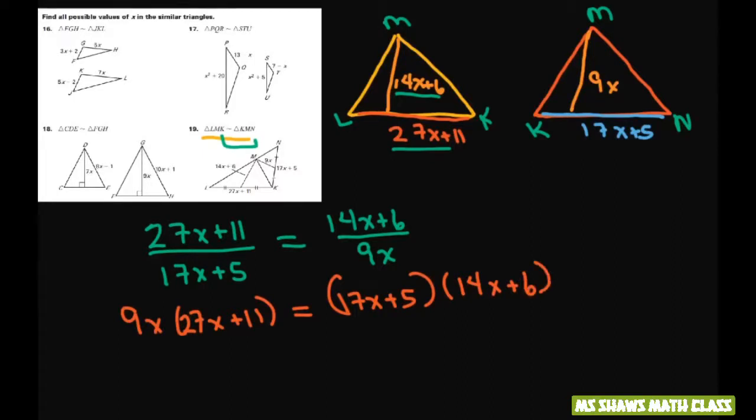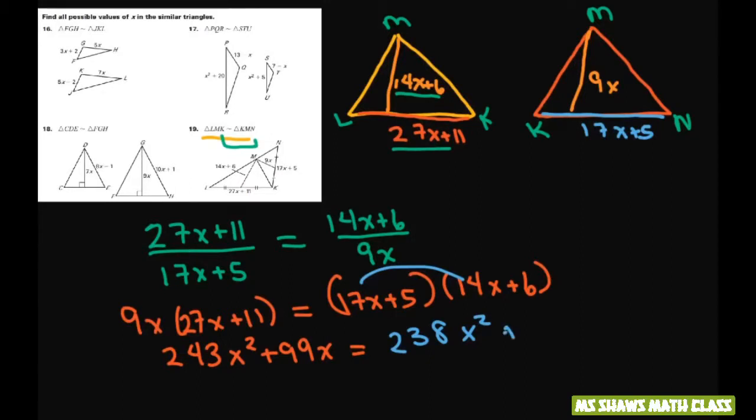Now, let's take care of this. 9 times 27 equals 243. So this is 243x squared plus 99x. Now this part, we have to FOIL this out. So we have 17 times 14. That gives us 238. And we have 17 times 6, which equals 102.